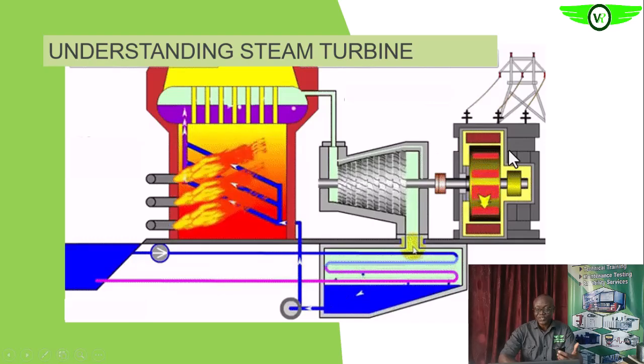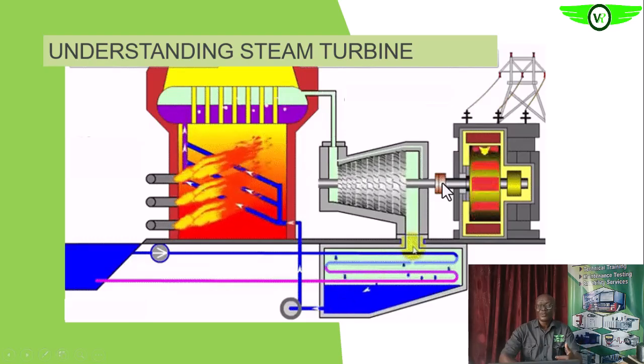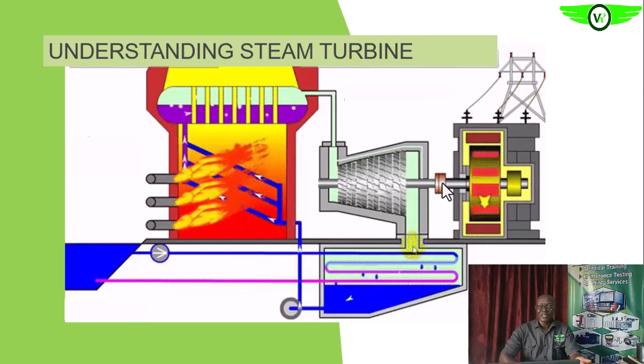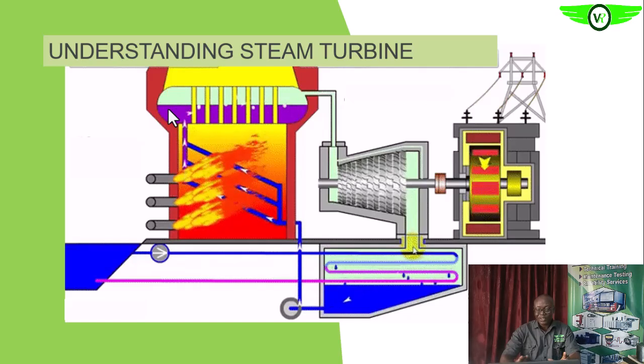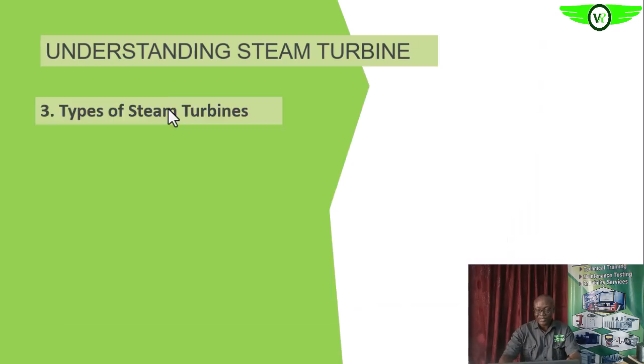So this is for electricity generation. This rotating mechanical energy can also be used to drive pumps, fans, and compressors. Are we getting it? That is what the steam turbine actually does, and this is all you need to know about the steam turbine. Okay.